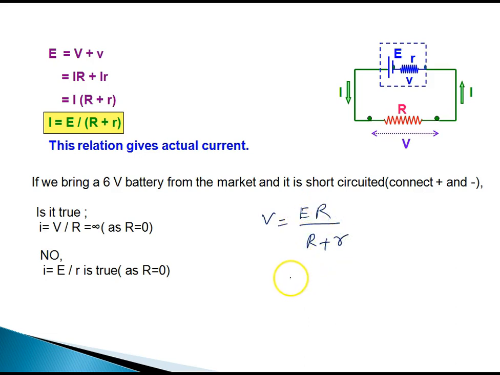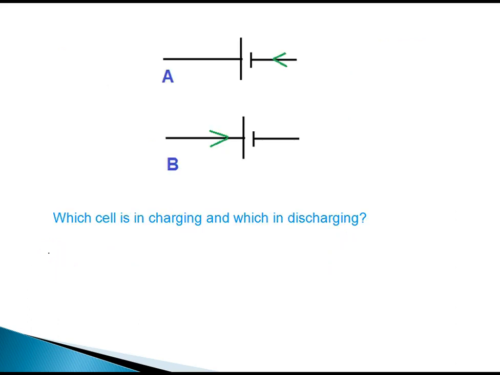If I say it is the situation of short circuiting, it means R tends to 0. And when R tends to 0, what is voltage? Voltage tends to 0. So in the short circuiting situation, voltage will tend to 0, voltmeter reading across the cell. But current can be written as E/r. I hope it is clear to you.